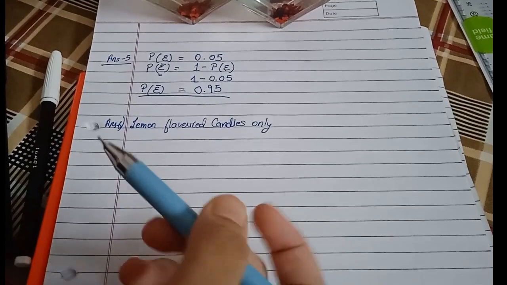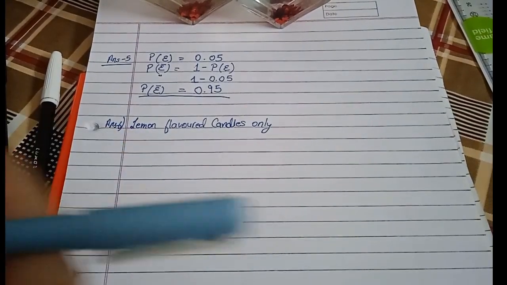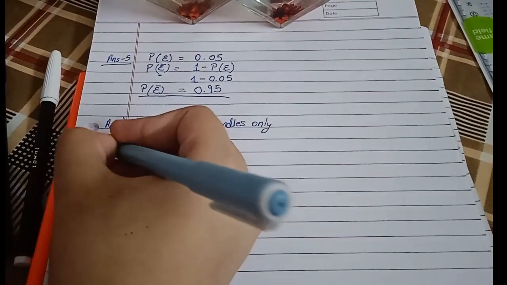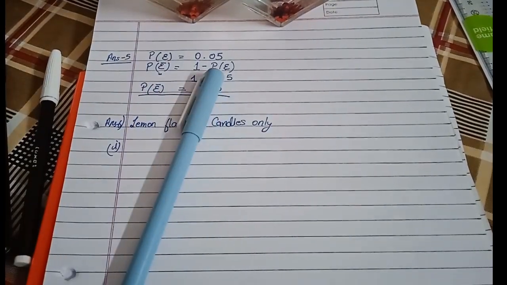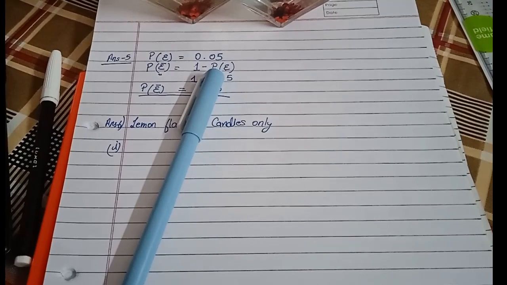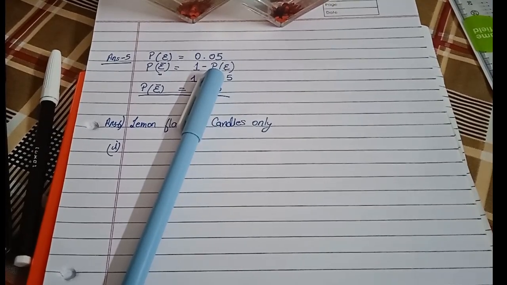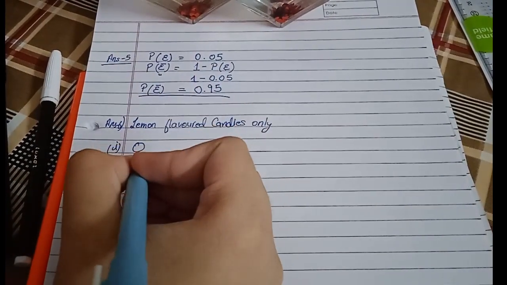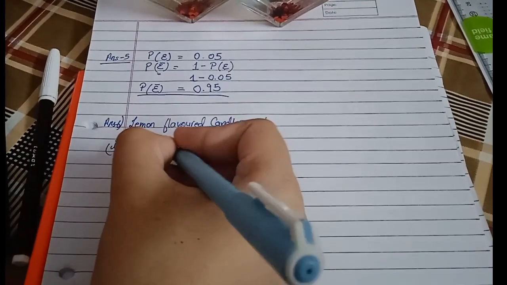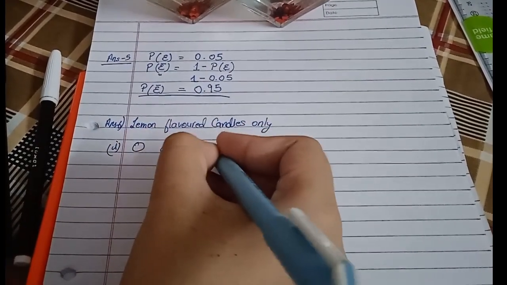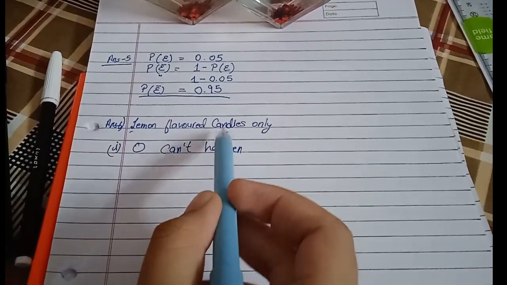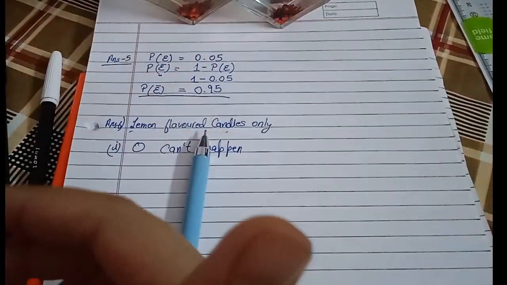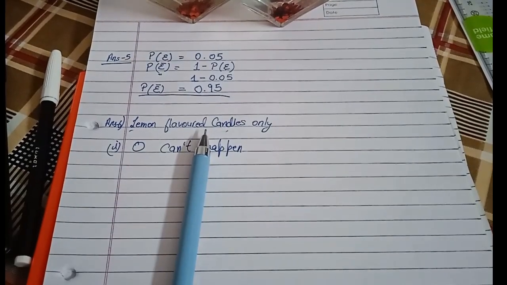What is the probability that she takes out an orange flavored candy? So the first one is that the probability that she takes out an orange candy is 0. Why? Because it can't happen. If a bag contains only lemon flavored candy, it is not possible that she can take out an orange flavored candy, right?